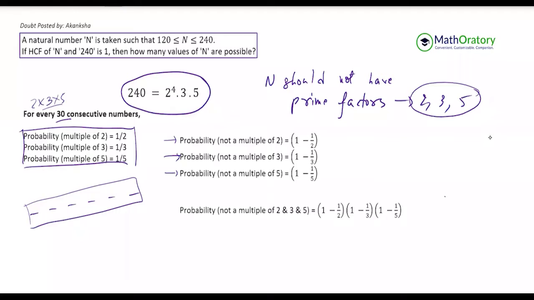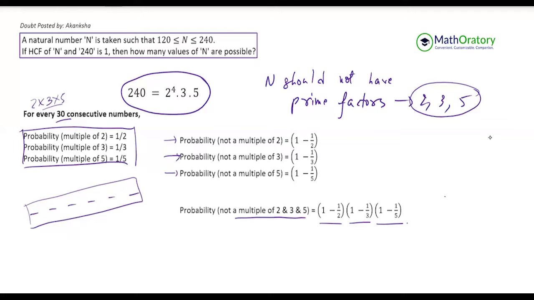So what should be the probability that we have a number which is not a multiple of 2, 3, and 5? These are independent of each other, right? Because a number not being a multiple of 2 has nothing to do with not being a multiple of 3, because 2 and 3 are different prime numbers. So if they are independent events, we can straight away multiply these probabilities.